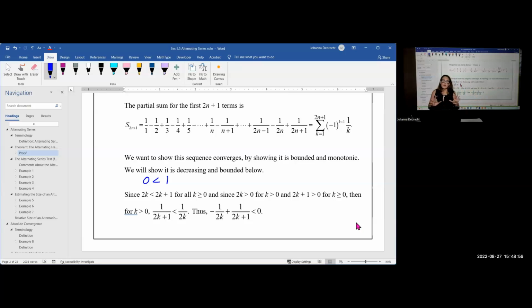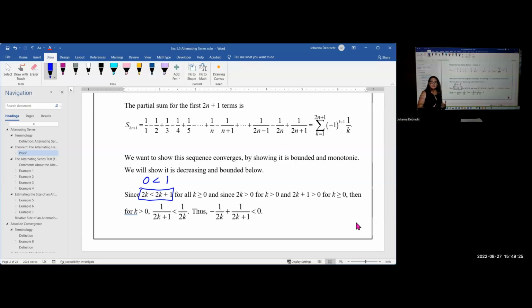We want to establish that those two things are positive because we want to take this inequality and divide both sides by each factor. So we want to divide by 2k and by 2k plus 1 on both sides of the inequality.